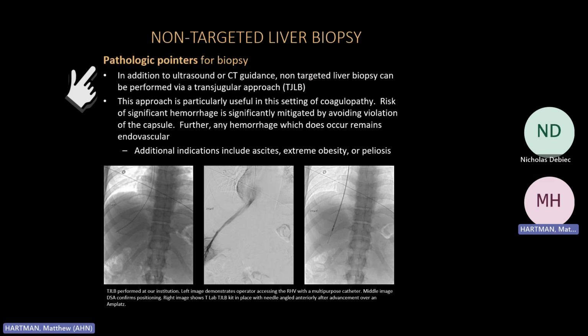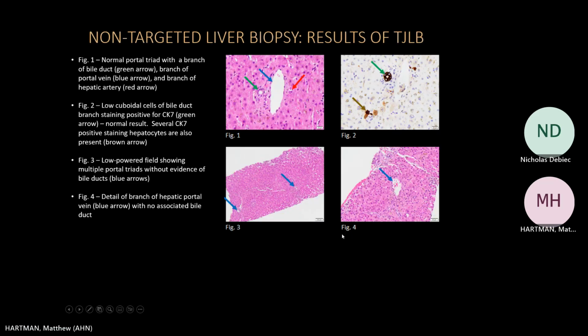For some challenging patients, especially those immunosuppressed or with low platelets, they can sometimes do these biopsies through a transjugular approach. But in the end, we end up with a nice core, and the pathologist can make the diagnosis.